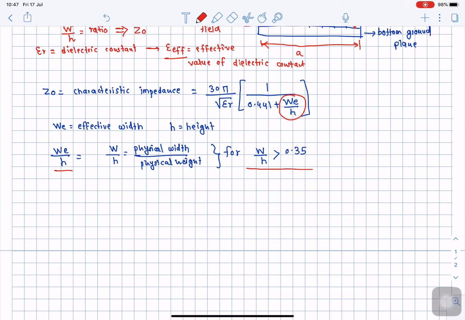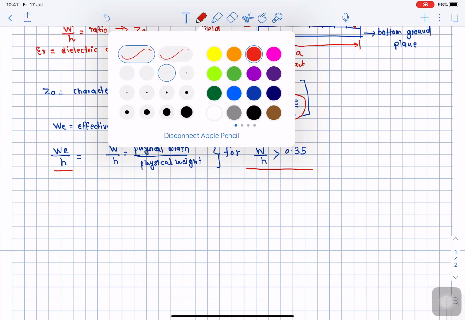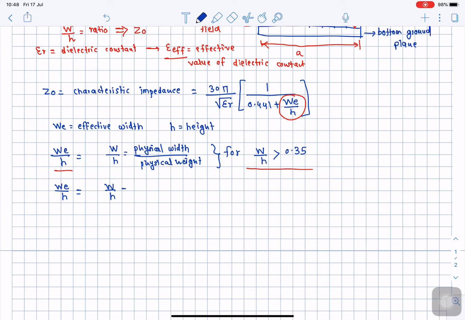There is another formula for the other case, when the value of width to height is less than 0.35. The effective width to height is given by the other formula: W by H minus, into bracket, 0.35 minus W by H, whole bracket, raised to the square. We make use of this formula when our physical width to height ratio is less than 0.35.